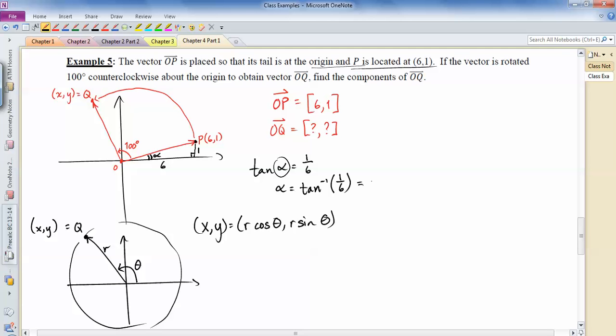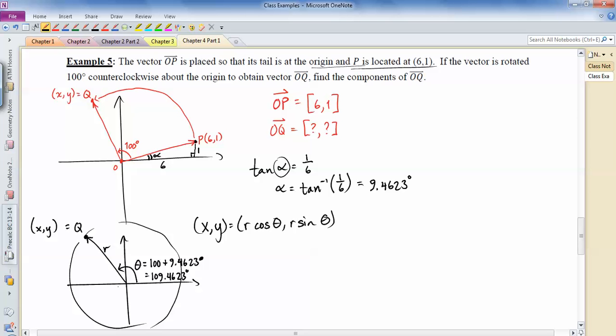In degree mode, tan inverse of 1 over 6 ends up being a pretty small angle, 9.4623 degrees. So my theta down here is 100 plus that, which is 109.4623 degrees.